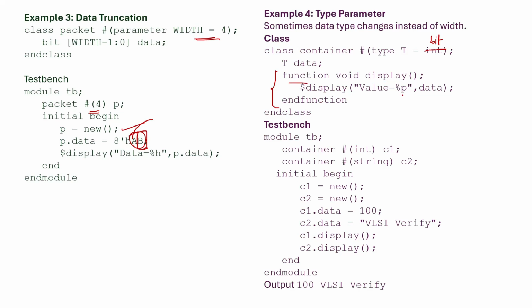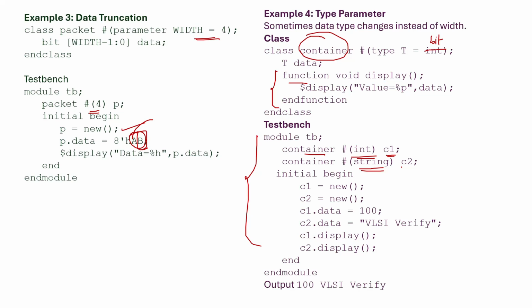Function void $display, then the value will be printed here, and again I am creating a module. See, my class name is container. Container hash int c1, see, integer type I am considering. Then later I am considering the string data type, container hash string c2. c2 is another object.